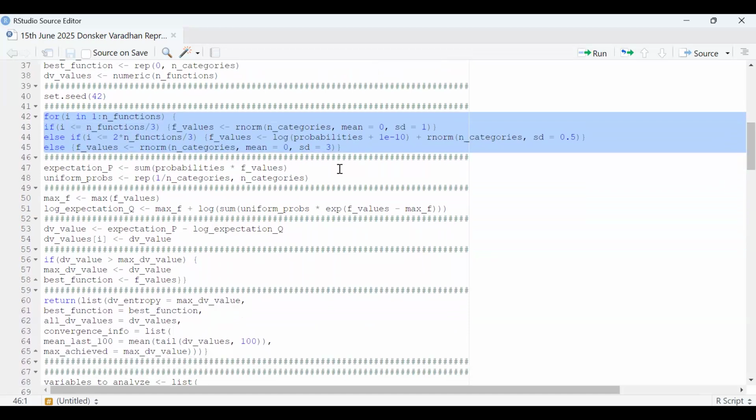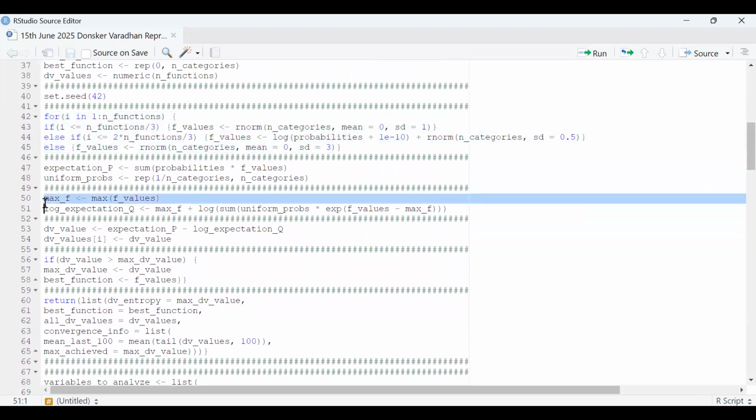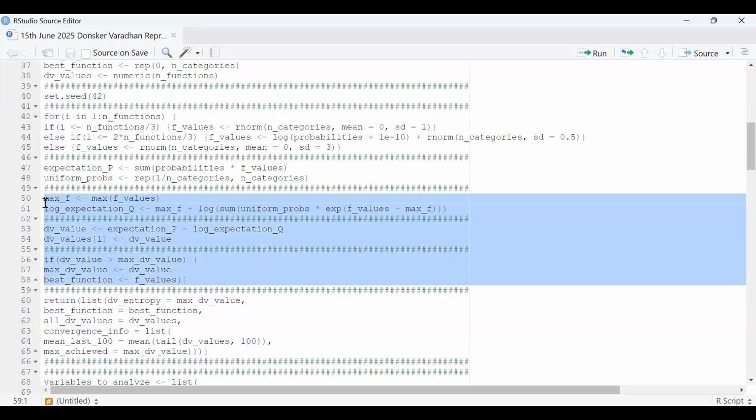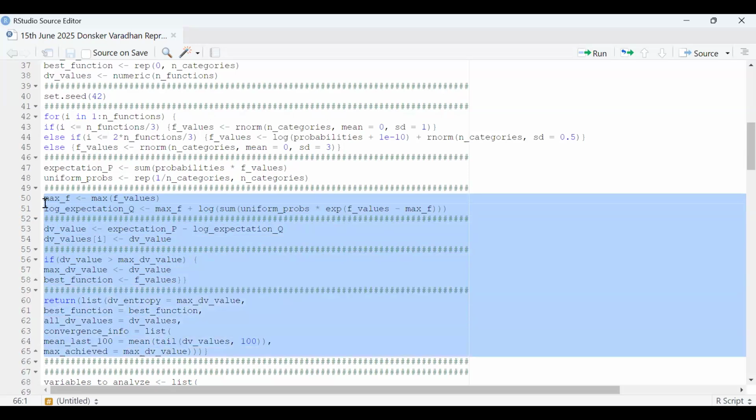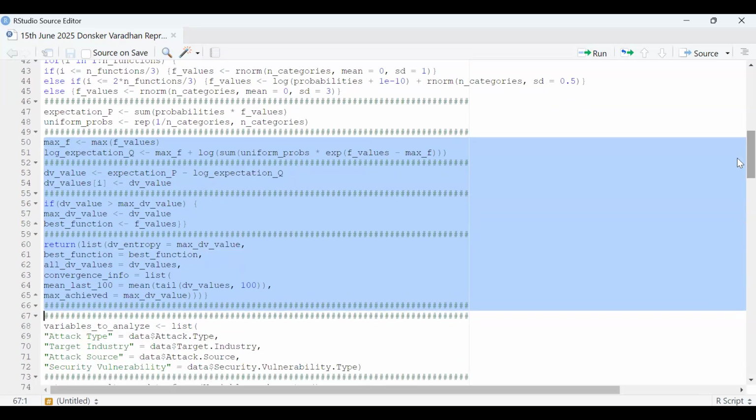Now, with the Donsker-Varadhan entropy, my whole goal is to choose the maximum values. So I set the maximum values of the expectations. So that's what I do here. And then I ensure that I return the maximum values for the expectation and also return the entropy values.